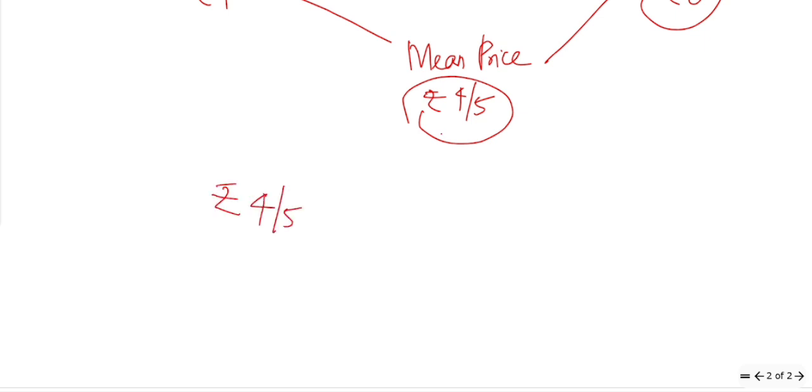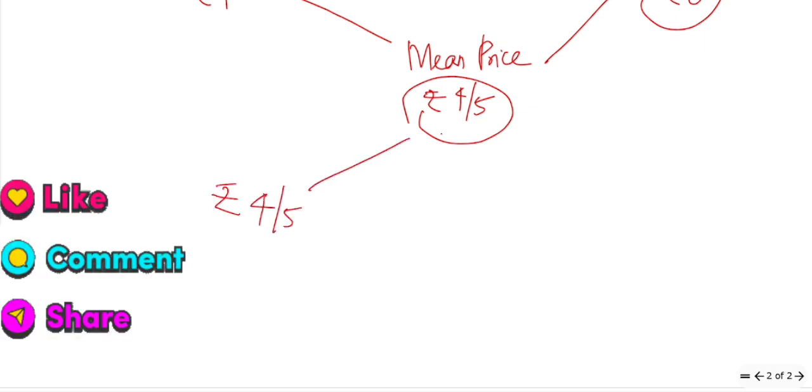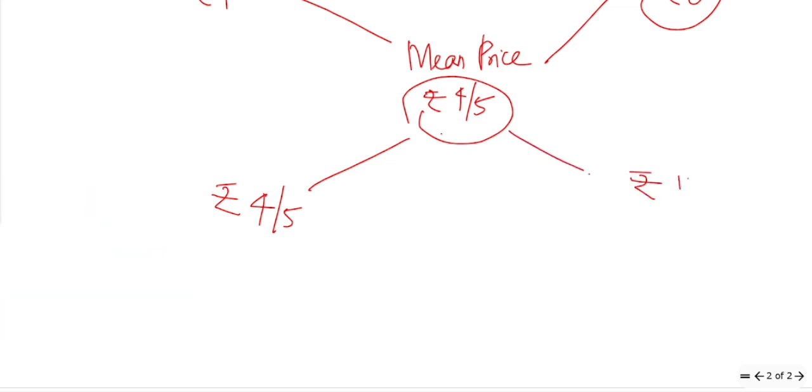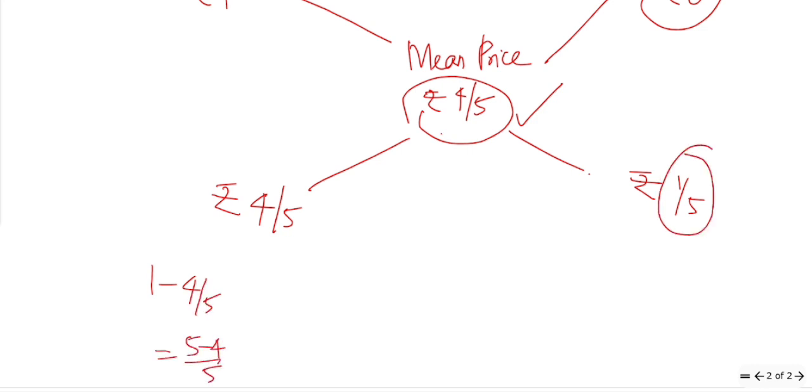So 4 over 5 only we are having here. And here that is 1 over 5, because we need to take away 4 over 5 from 1. 1 minus 4 over 5, if we take LCM, becomes 5 minus 4 over 5. That gives us 1 over 5.